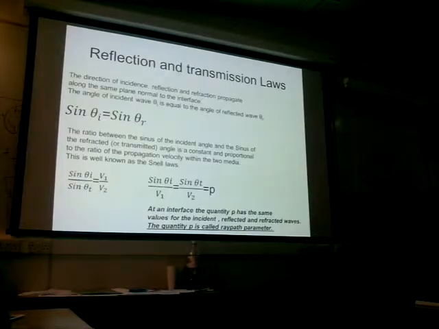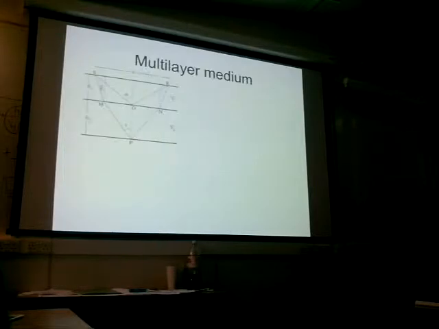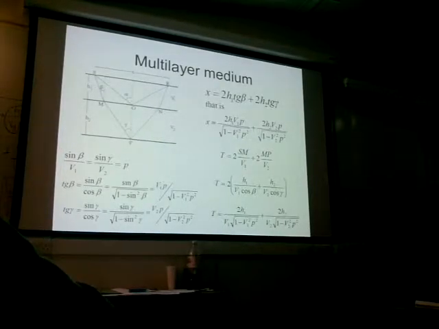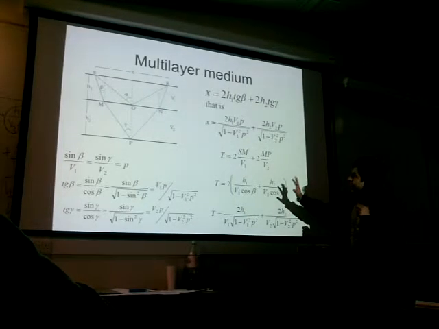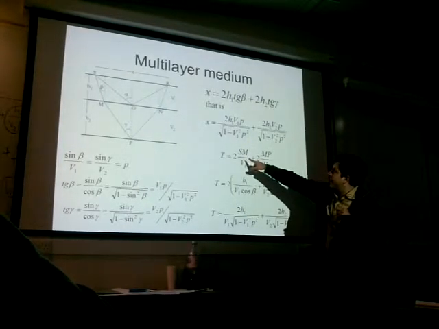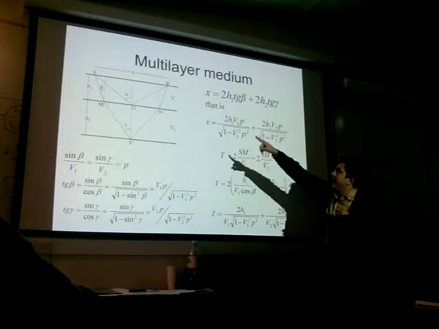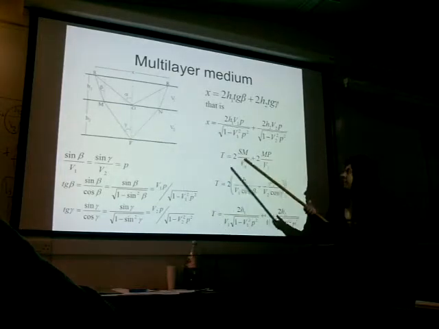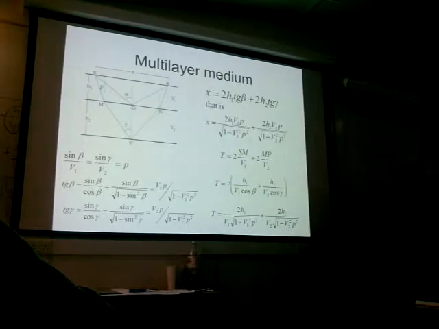That's what you need. And I'm only using those kinds of things. If you want to express the time, the time is exactly the distance done by your ray tracing, Sm plus mp, divided by velocity, because space divided by velocity is the time, so I rewrite it in function of the time.